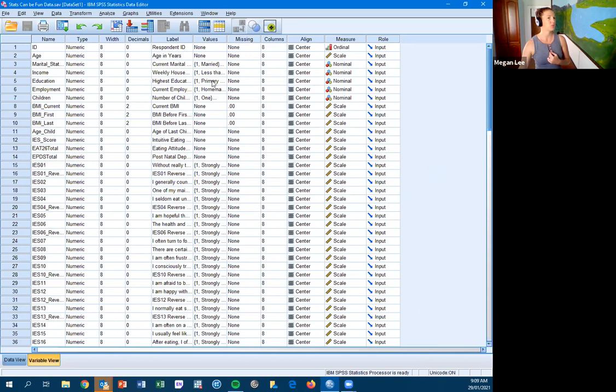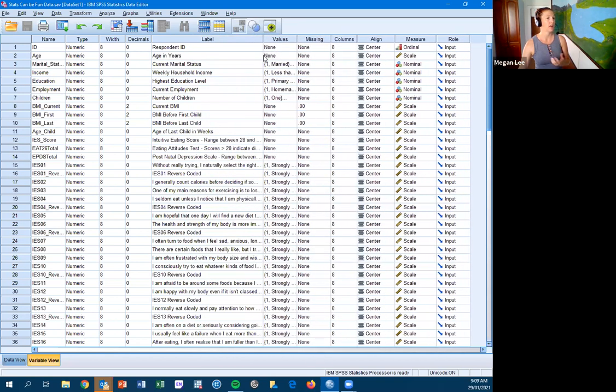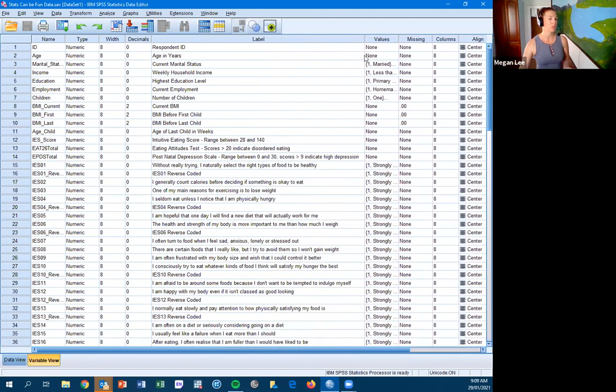And those questions ranged from, I count calories. One of my main reasons for exercising is to lose weight. I'm hopeful one day that I find a new diet that helps me to lose weight. The health and strength of my body is more important to me than how much I weigh.